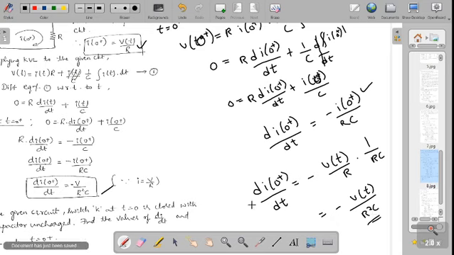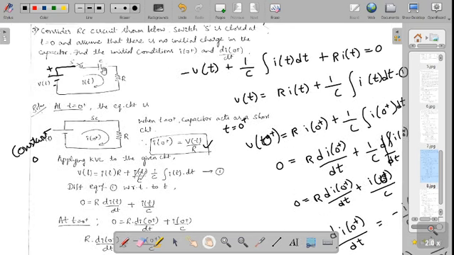So this is the first derivative term. I have found the first derivative and the current at time 0 plus. This is how we solve the equation when a capacitor is present in the circuit. What is the difference? If it was an inductor, you replace it by an open circuit; since it's a capacitor, you replace it by a short circuit, and the remaining things remain the same.